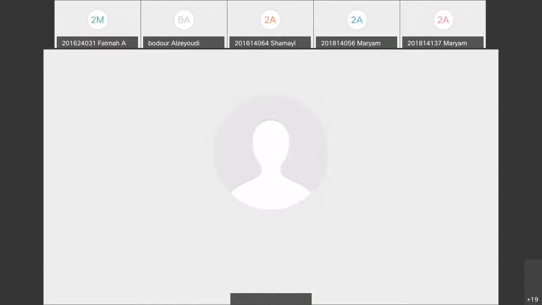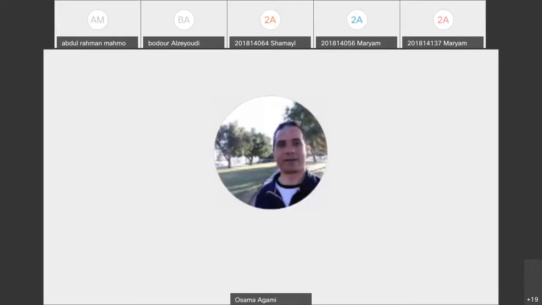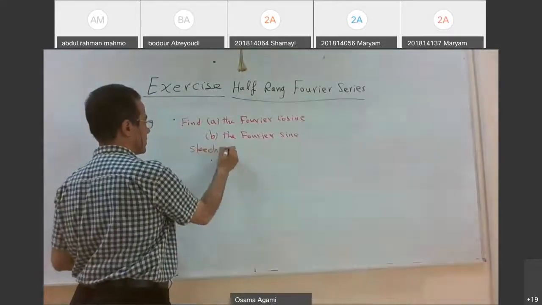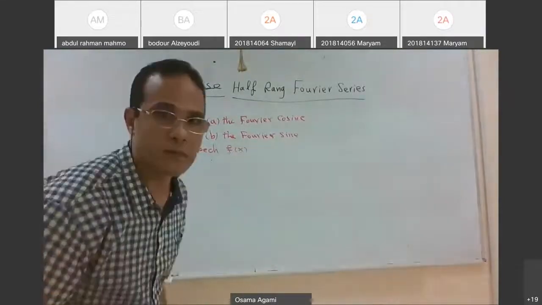Part B asks you to find the Fourier sine series. Sketch f of x. It's two periodic. And sketch f of x.